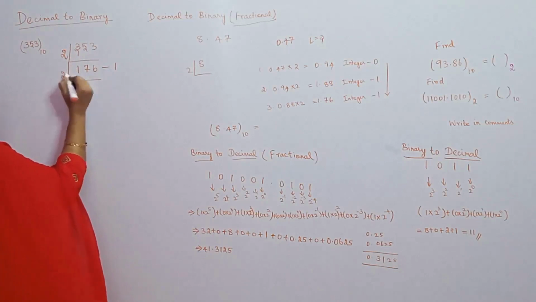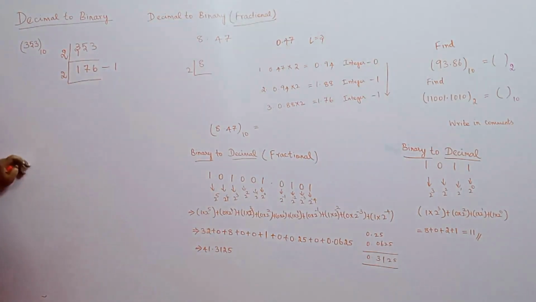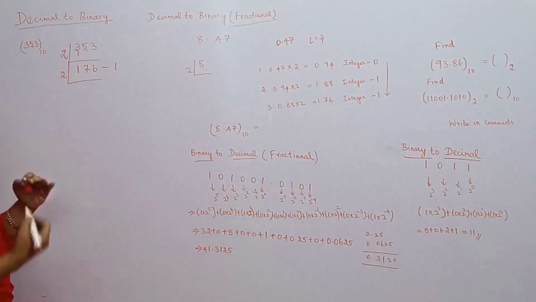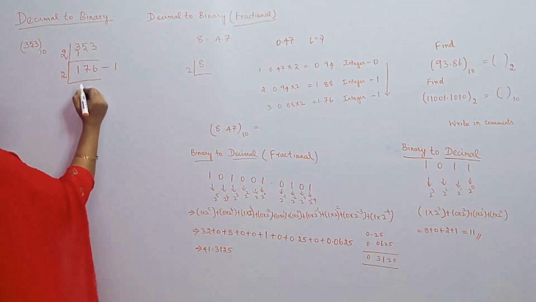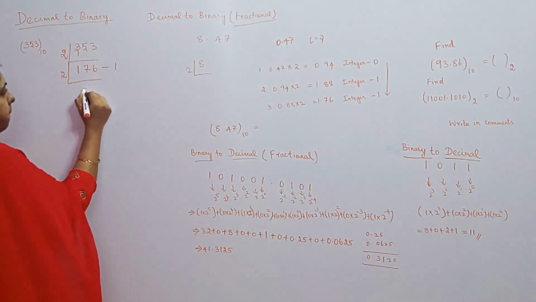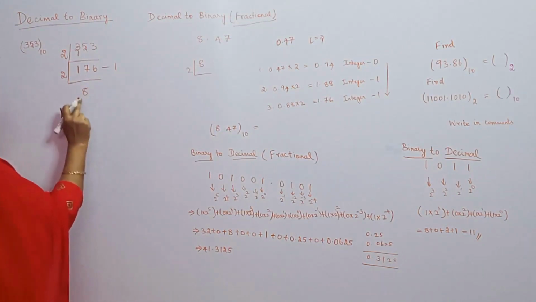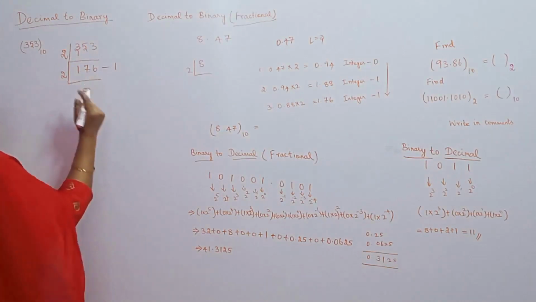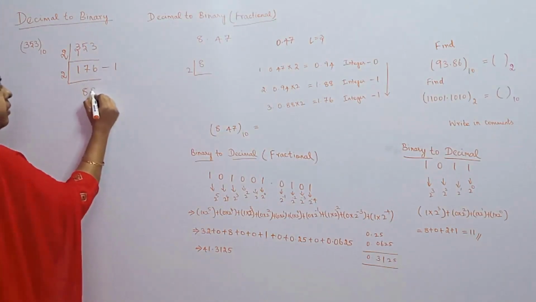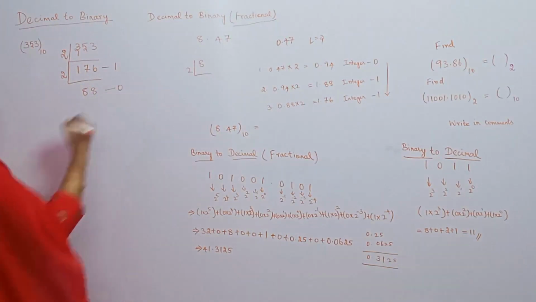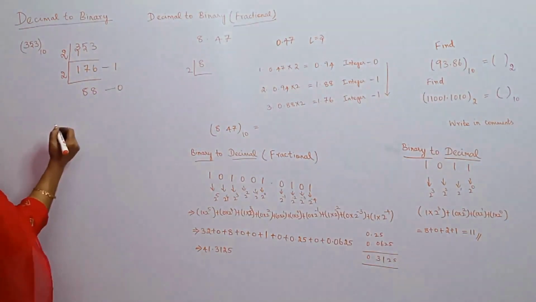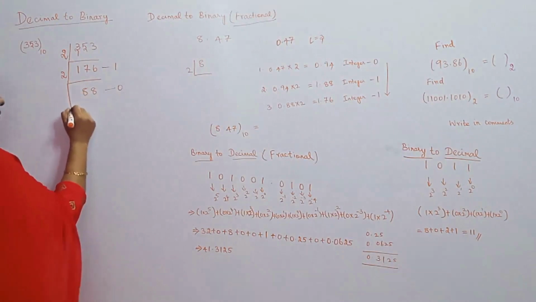Again, divided by 2. Till we reach zeros and ones, the final quotient and the remainder, we have to keep on dividing. Again, 17. 2 8s are 16. Again, 1 remainder. 88, remainder 0.